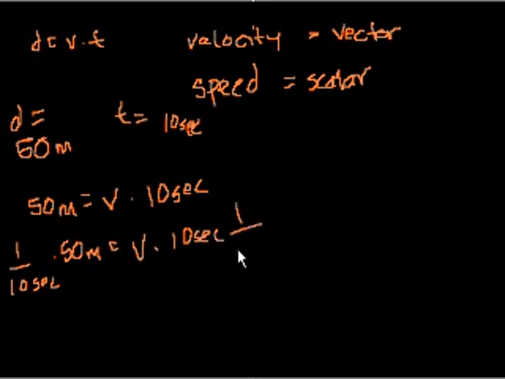Later on, I'll skip some steps. Obviously the seconds cancel out. That's why we did it in the first place. And then the 50 and the 10 cancel, and this becomes 5. So we're left with 5 meters in the numerator and seconds in the denominator. I could write it as sec, or just with an s. So 5 meters per second is our velocity.